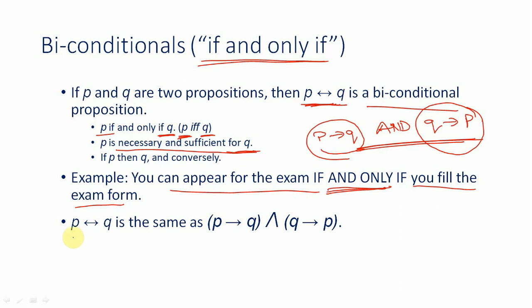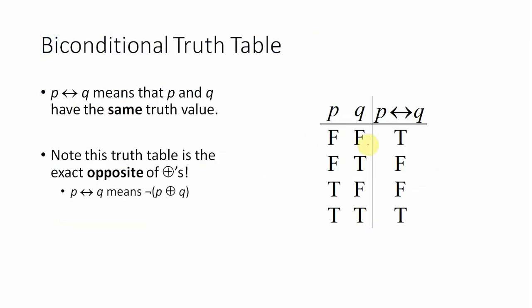So we can say that P biconditional Q is the same as writing P implies Q and Q implies P. Let's see the truth table. P, Q. The biconditional is true when both P and Q have the same value.